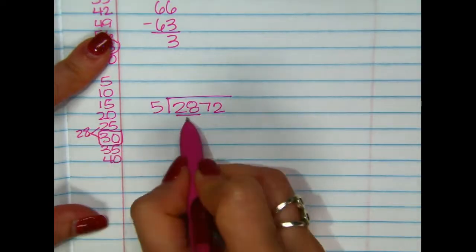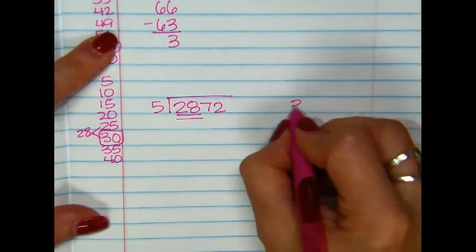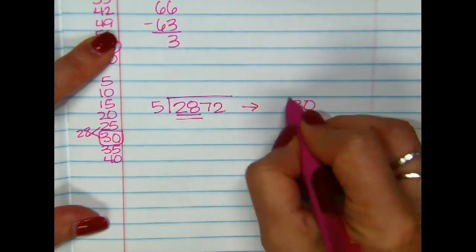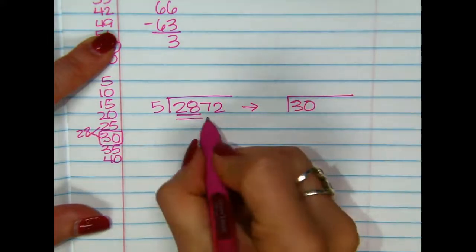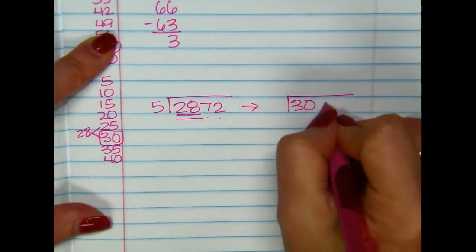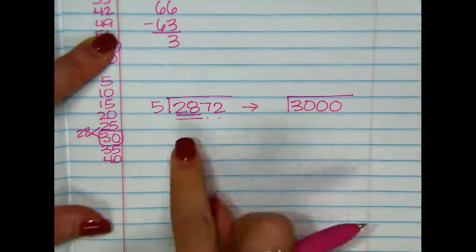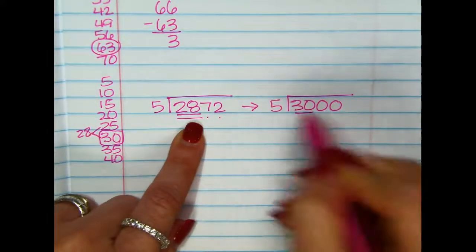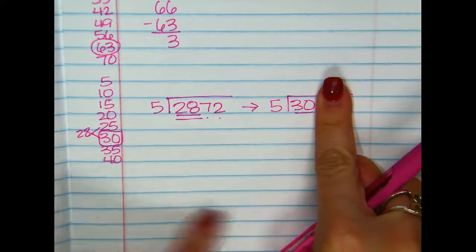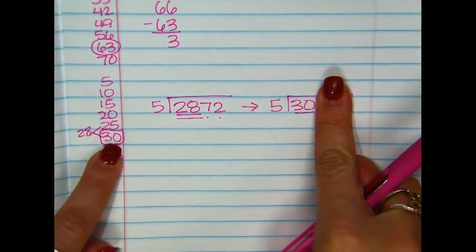So let's go ahead and change 28 into 30. And this time it's a 4-digit number. So how many zeros do you think we're going to need to add? We need 2 more place value positions to make this number similar. So our basic fact now actually becomes what? 30 divided by 5. And that's so easy.